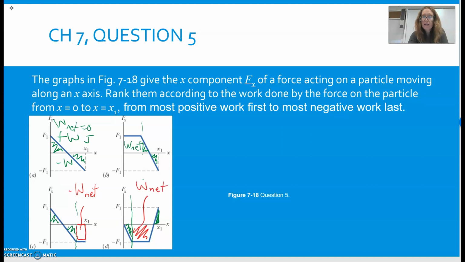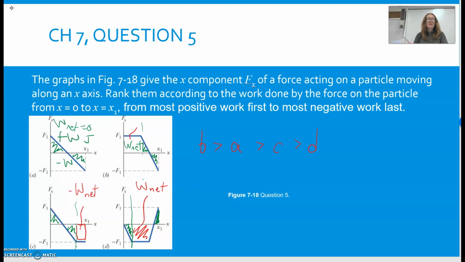So when I'm ranking these greatest to least, B comes first because it's got this big positive area of net work. Then 0 is greater than negative numbers, and then I've got a small negative number for C, and then a large negative number for D.